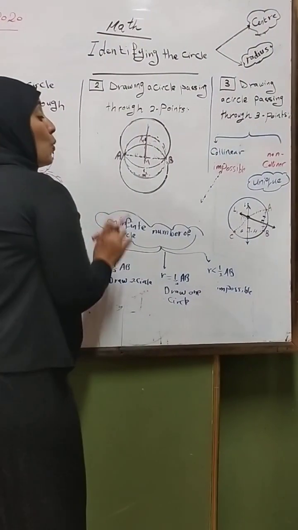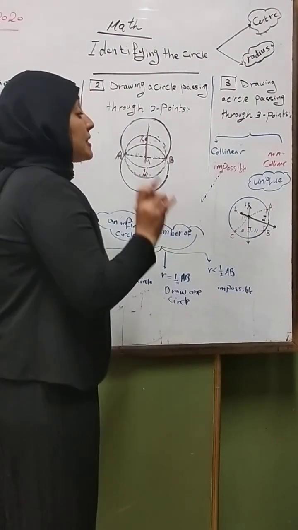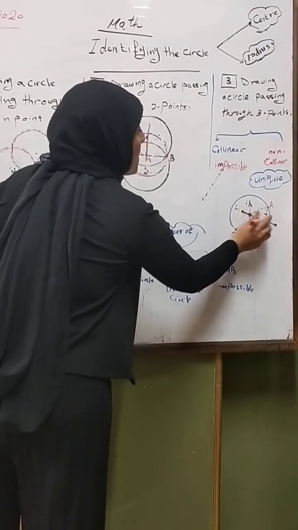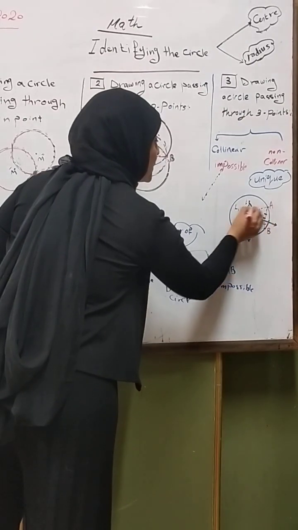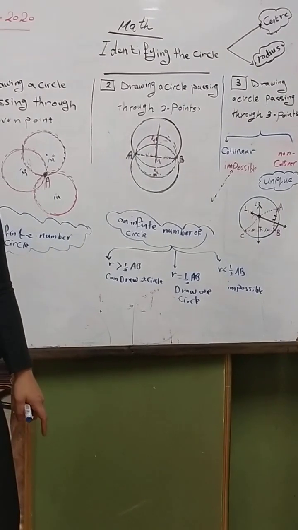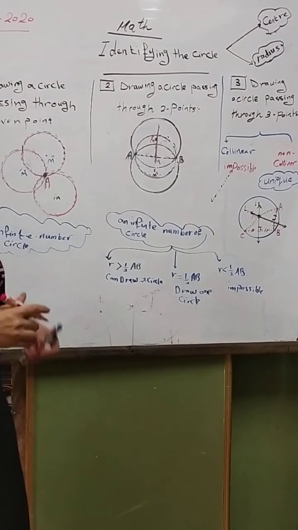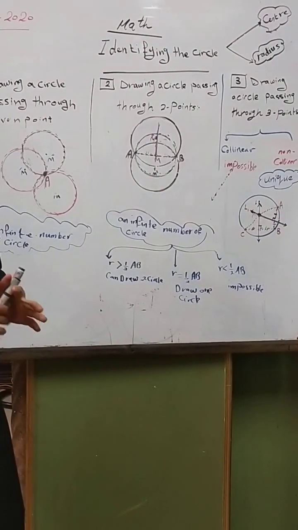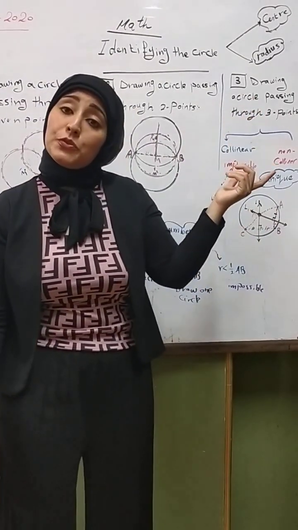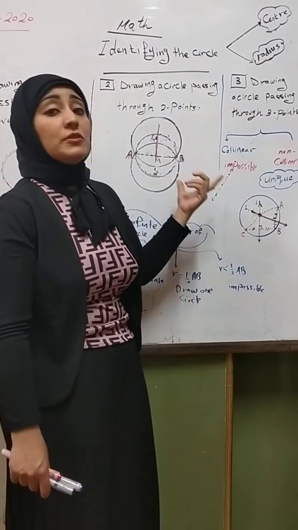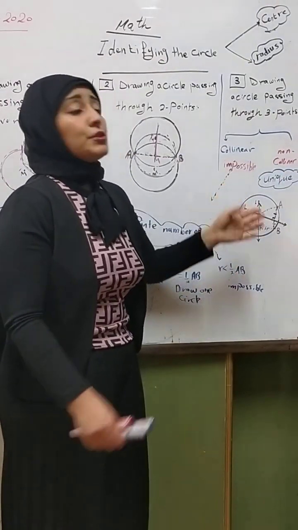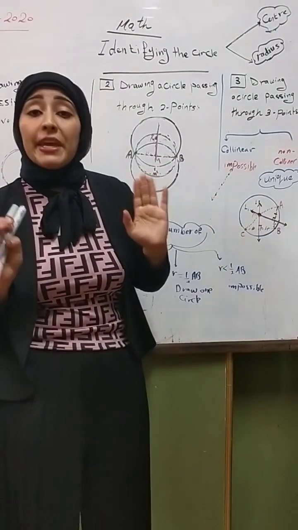So what is the important condition here? The center of this circle must lie on the axis of symmetry of each line segment between them. So the important note in the third case, if we draw a circle passing through 3 points, is that we must know whether these 3 points are collinear or not. If they are collinear, it is impossible to draw any circle.